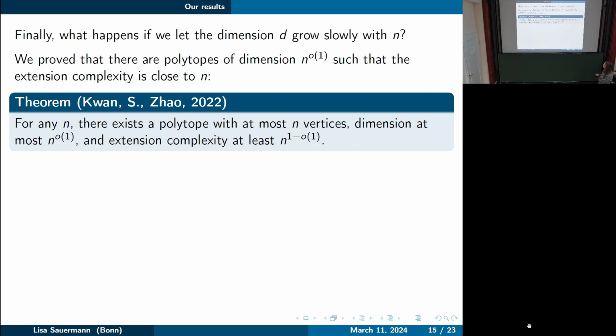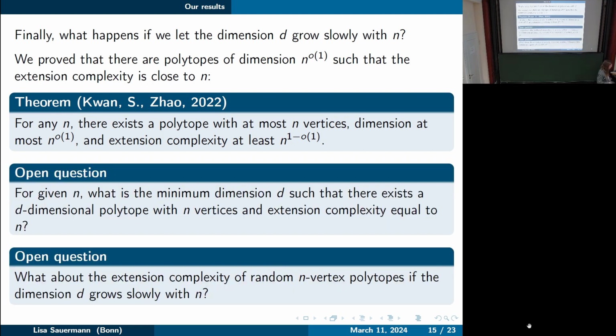So more precisely, we showed that for any n there exists a polytope with at most n vertices, dimension at most n to the little o of 1, and extension complexity at least n to the 1 minus little o of 1. But of course, there are still little o of 1 terms everywhere.